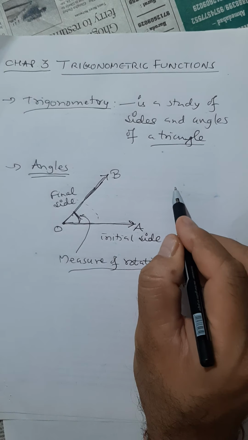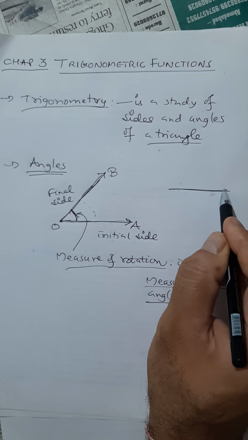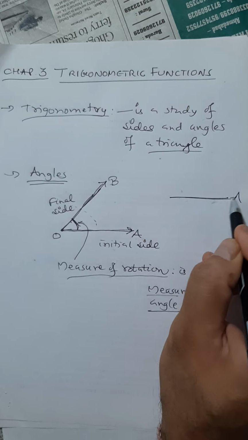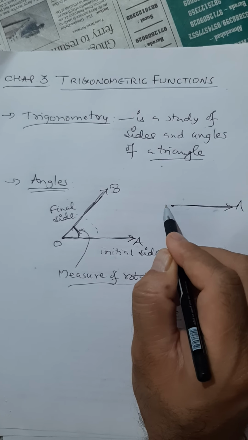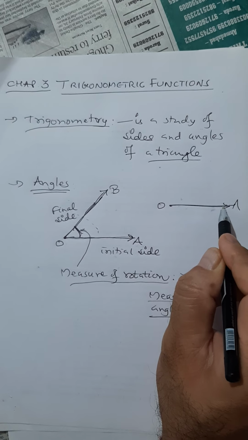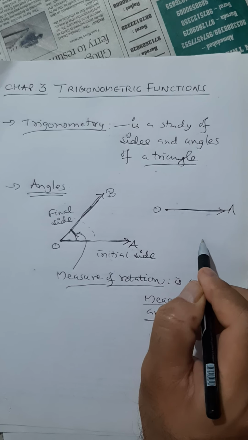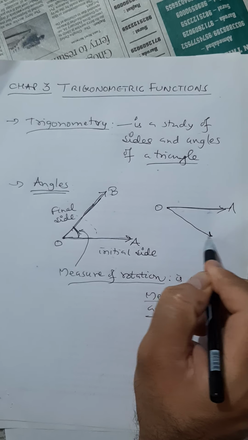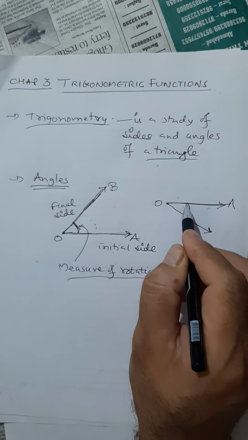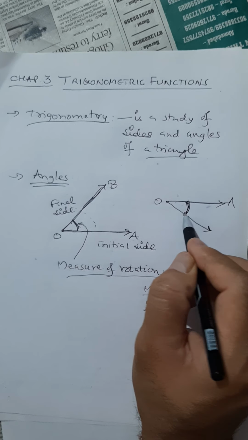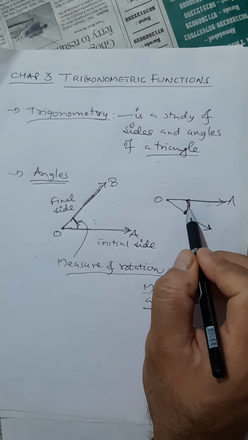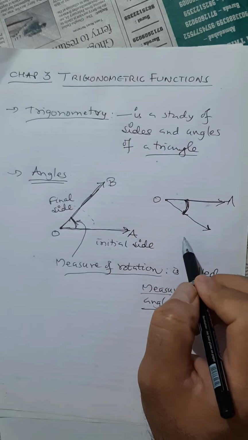If I have, for example, this as the initial side, OA, I may rotate this ray in clockwise direction like this. Then this is also a measure of rotation, also known as the measure of an angle here.